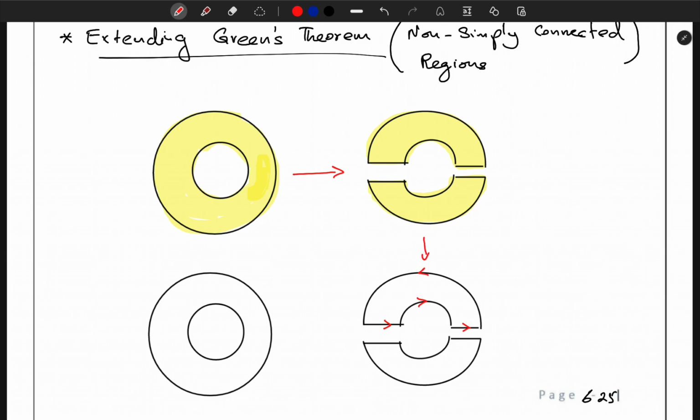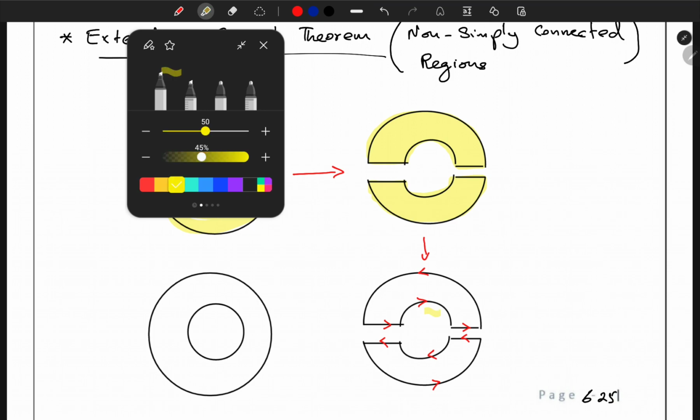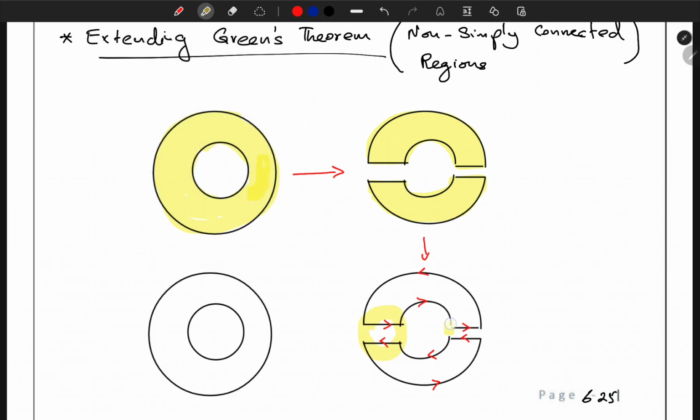Now, instead of integrating over the bottom region, we can integrate around the bottom part's boundary in the counterclockwise direction. Now, the nice thing to notice here is that the additional parts we add are in opposite directions. In a sense, when you take them together, they cancel each other out.